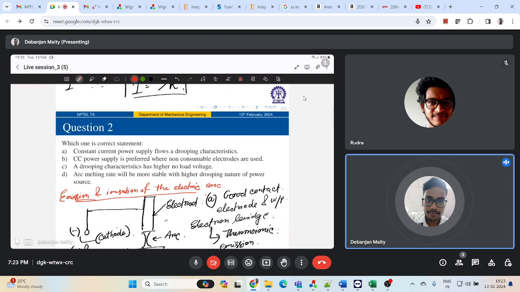My question two says, which one is the correct statement? So it says constant current power supply has drooping characteristics. This is true, right? Then I say constant current power supply is preferred where non-consumable electrodes are used. Is it true or false?